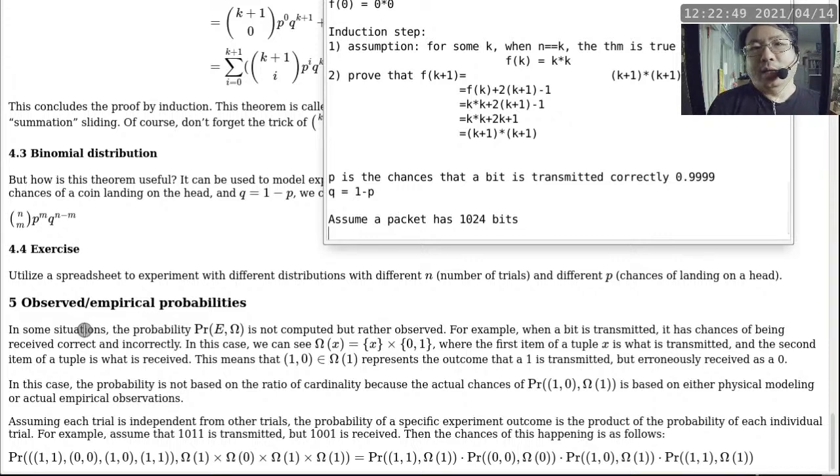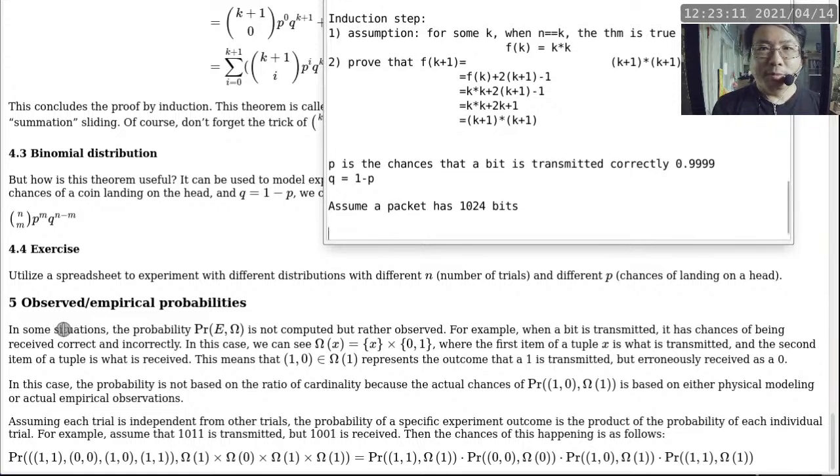So I want to calculate what the chances are that a packet is transmitted incorrectly and requires a retransmission. I think that's a fairly fair thing to calculate in the context of computer networking, right?